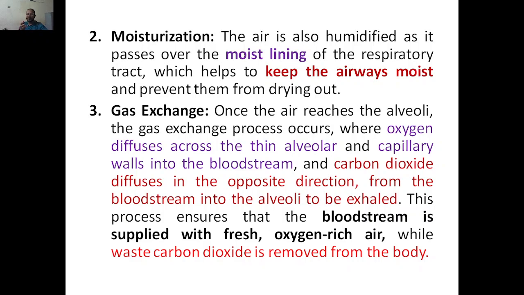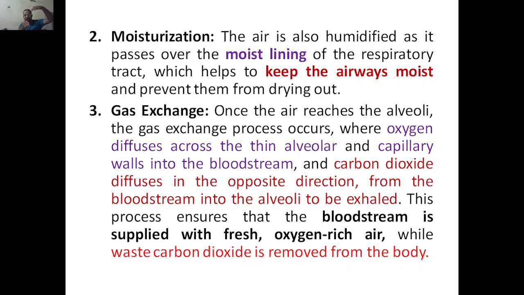And carbon dioxide diffuses in the opposite direction. That means from the bloodstream, whatever carbon dioxide we have in the bloodstream will be taken into the alveoli, then exhaled from the nose. Understanding?